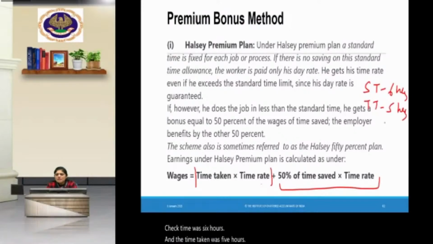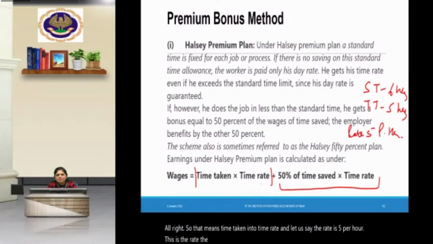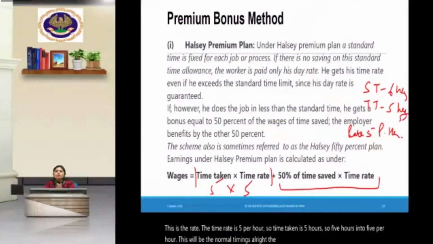Let us say the time rate is 5 per hour. So time taken is 5 hours, 5 hours into 5 per hour. This will be the normal timings and the basic wage. The basic wage is the guaranteed wage. And the second portion of this will be the bonus.